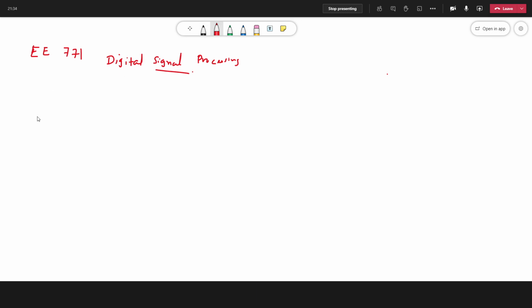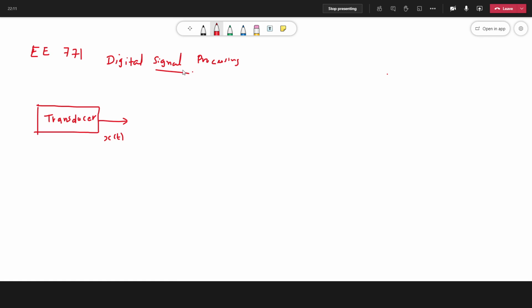So at the front end, you will have a transducer, a device which can convert the quantity being measured into an electrical signal. Of course, this is an analog signal. It's a continuous time signal. So let me represent it as x of t.